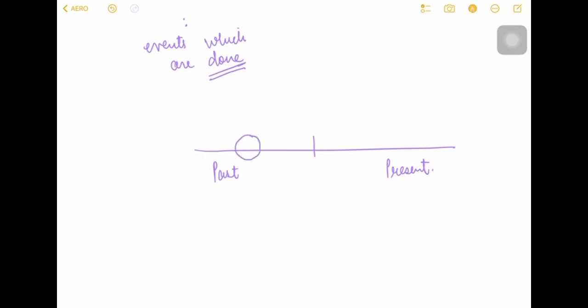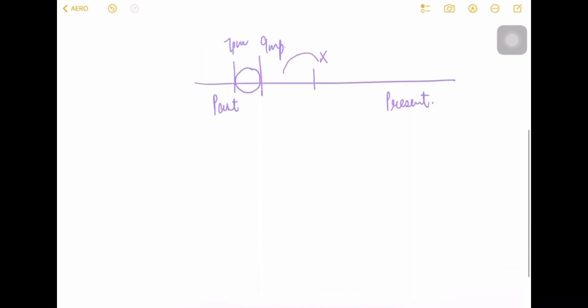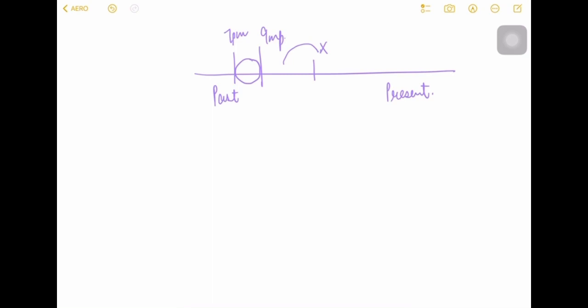Let's say the party started at 7 pm and ended at 9 pm. This event is totally in the past and has zero correlation with the present time. So that's where we use the simple past.